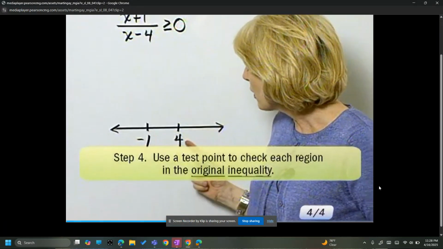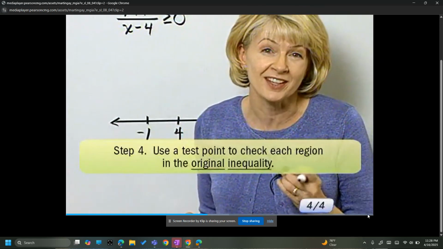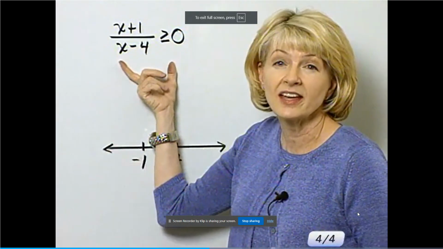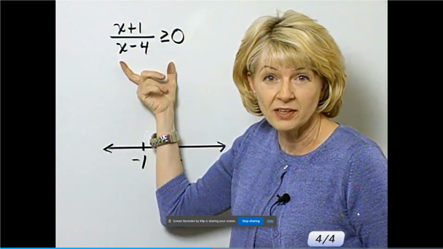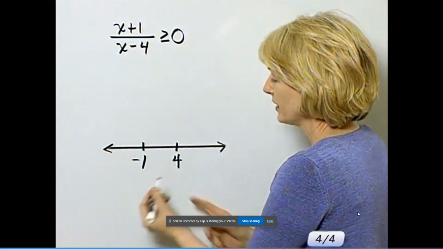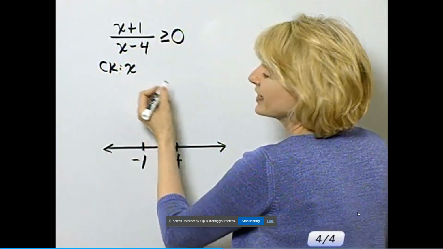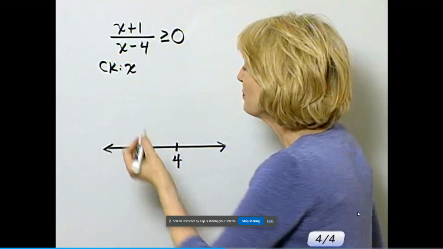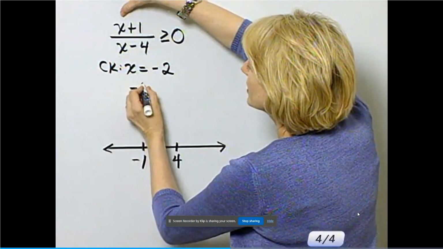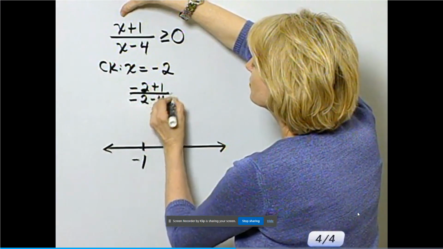Now, by the way, I know I have 4 on this number line, but it doesn't mean I'm going to include 4 in my solution set. Can you agree that x cannot be 4? So it's not going to be a solution, but we still need it on the number line. Check any number less than negative 1, check negative 100 if you want. Let's check, say, negative 2, and I'll have negative 2 plus 1 over negative 2 minus 4.